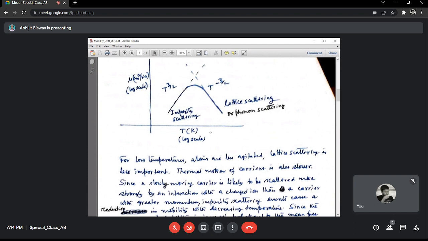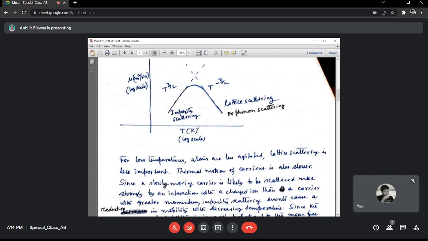At a very low temperature, the Coulomb attraction or repulsion will be dominant, depending on the polarity of the charges. Therefore, as temperature decreases, there will be a higher probability of this type of scattering event, by which the mobility will be degraded.